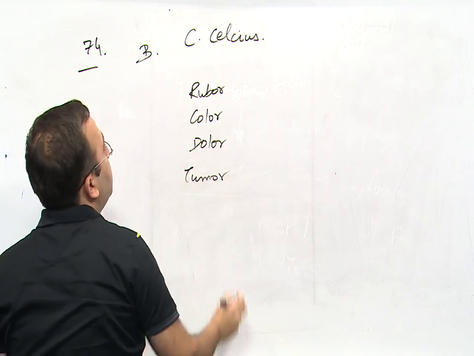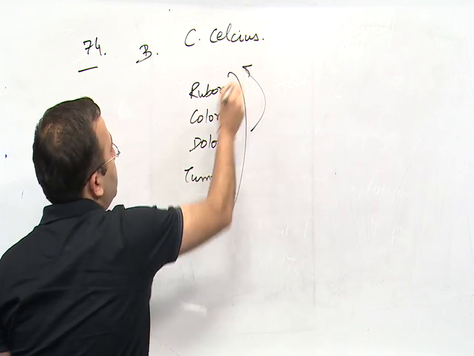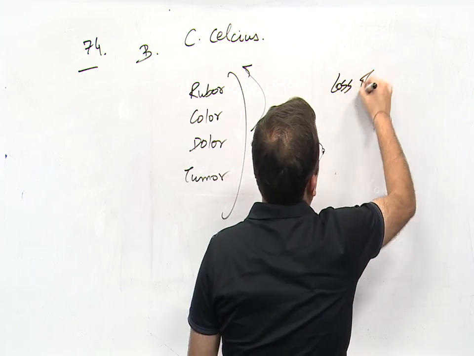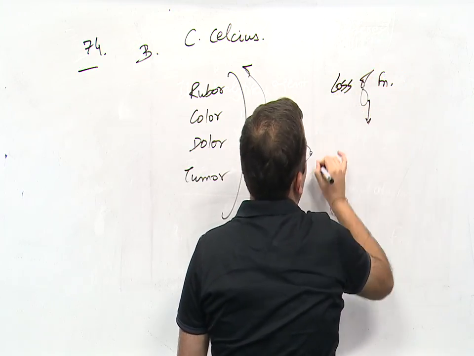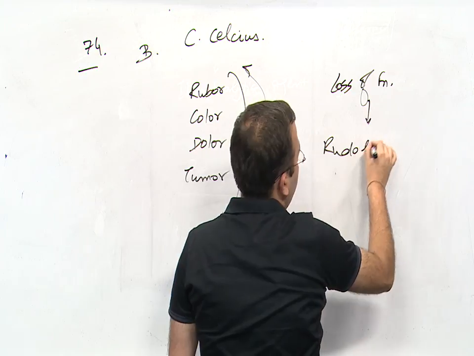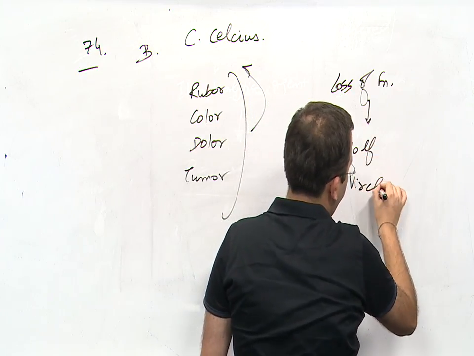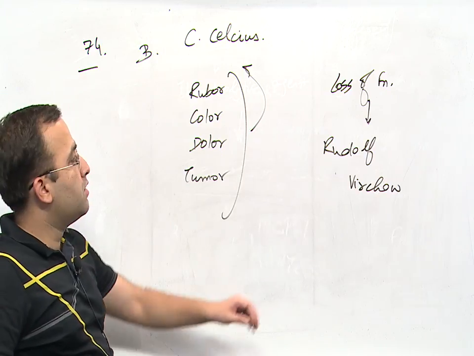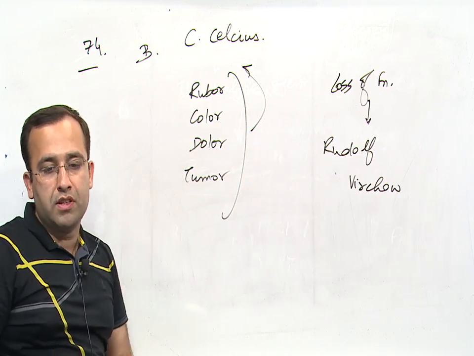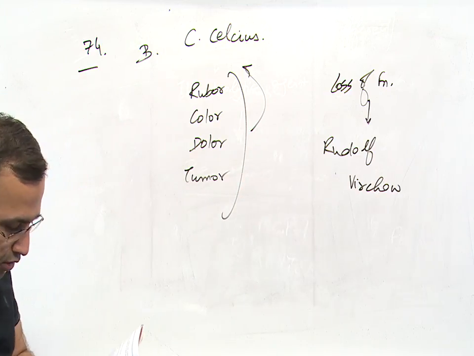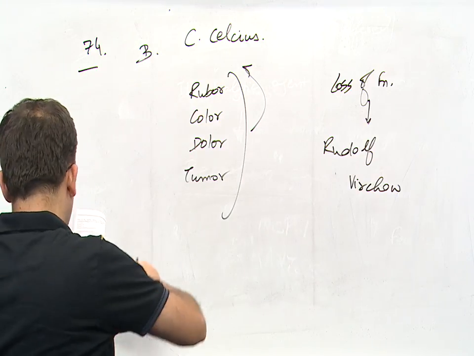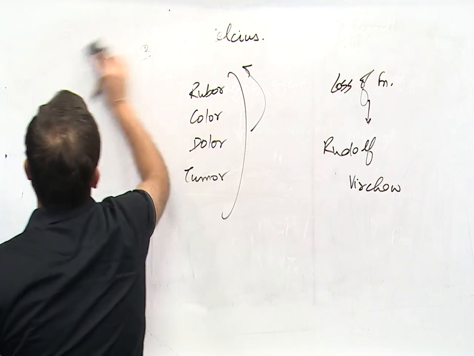They were described by Celsus. The fifth sign, that is loss of function, was added by Rudolf Virchow. You know this. Next, question 75.